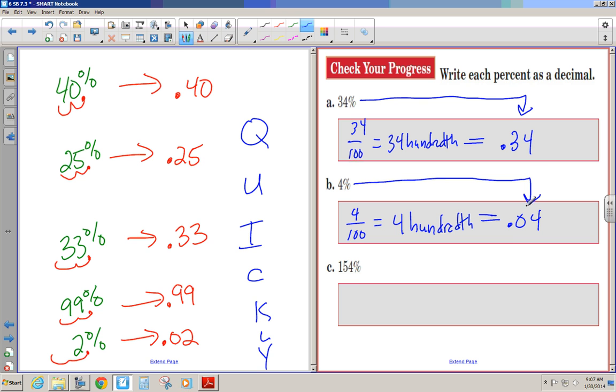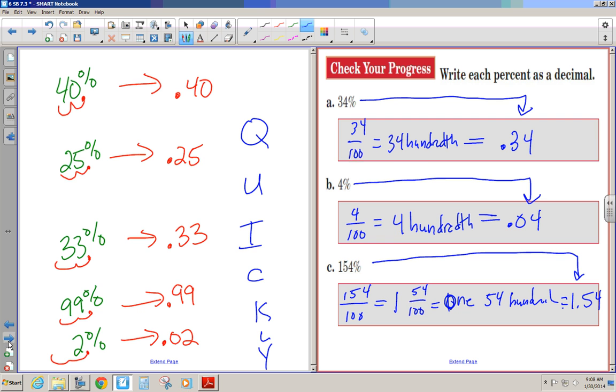Again, moving two decimal places. 154%, you should have written as 154 over 100, which then is the same thing as 1 and 54 hundredths, which gives you 1.54. And again, you quickly could have just moved the decimal place.